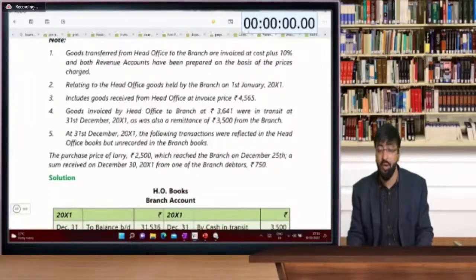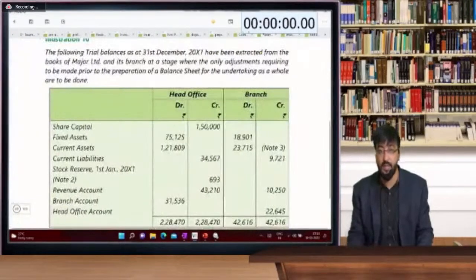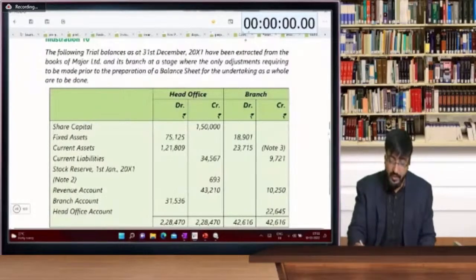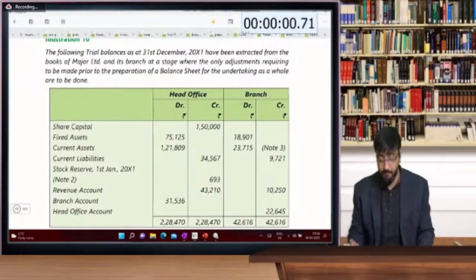Interpret from this question what is asked. Please don't waste this time. Read it clearly and properly.